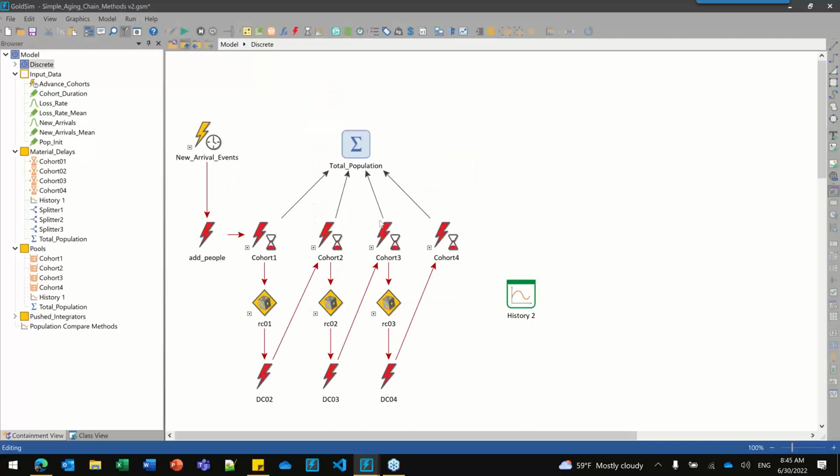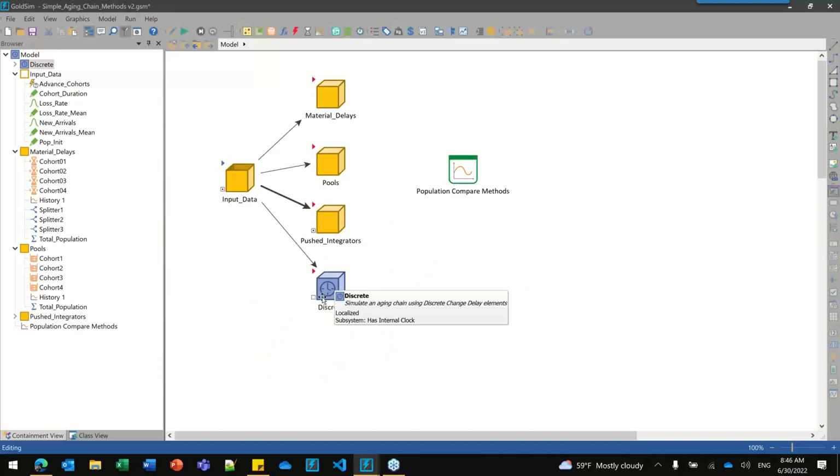Oh, and by the way, it's in a different kind of container too, because when you're working with one person at a time, you're not just dealing with a lump group of people that might come in over the course of a year or a time step. Instead, time doesn't really matter. I mean, time matters, you walk through time, but all you're doing is saying, we're just going to use events in GoldSim, and on every event, we're going to put in a new person.